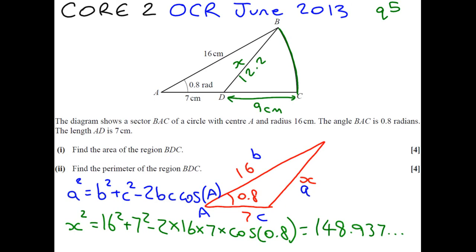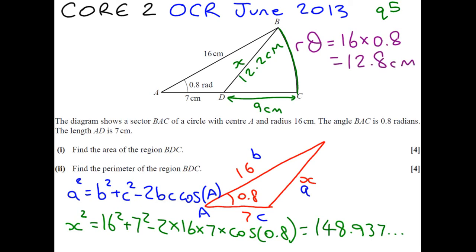Now what we need to do is find the arc length. The arc length we can find by using the formula that it equals r theta. So it's going to be 16 times 0.8, which is 12.8 centimeters.